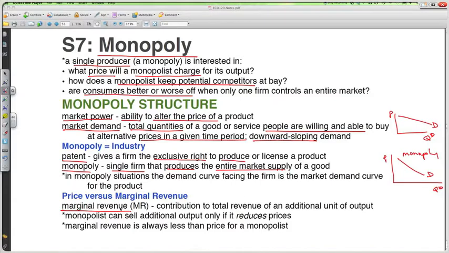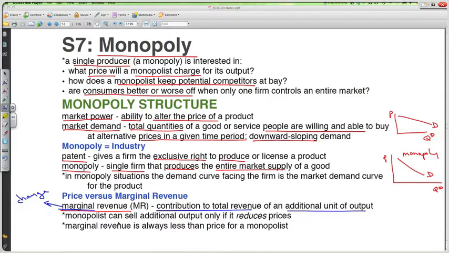And remember that anytime we have the term marginal, it's just another word for change. Revenue here is the amount of money they get from selling output. So it's the change in the money they receive from selling an output. Here, it's just the contribution to total revenue, so that change in total revenue from an additional unit of output.